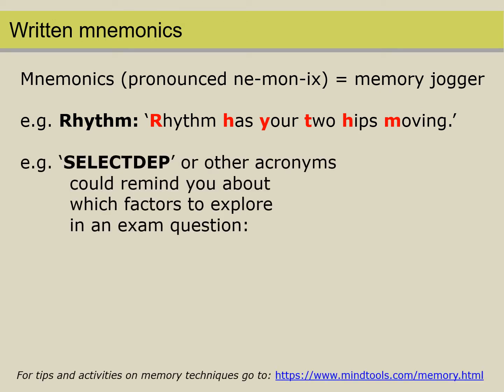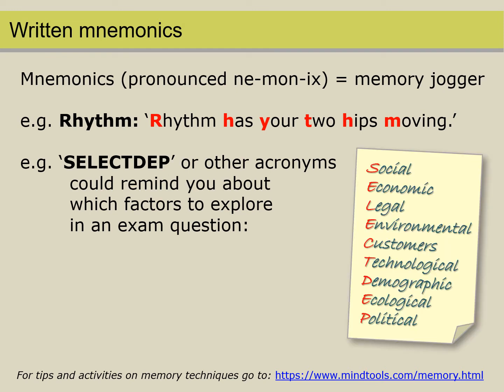You might use acronyms to help you think about factors to explore in an exam question. So if you're studying management, select DEP is very useful because it makes you think about all these factors. And you can see there that you've got 2 E's, economic and ecological. 3 E's actually, environmental as well.